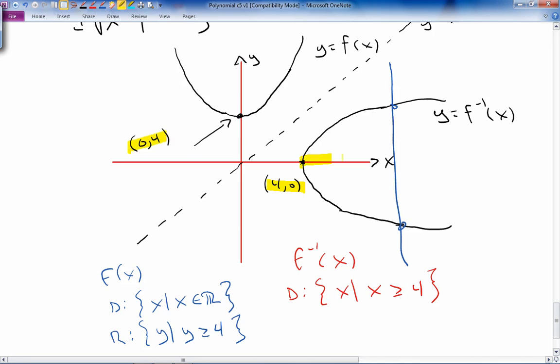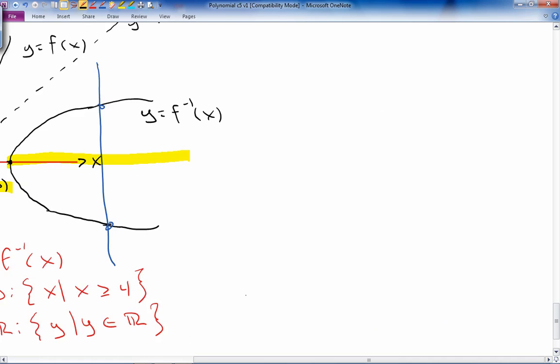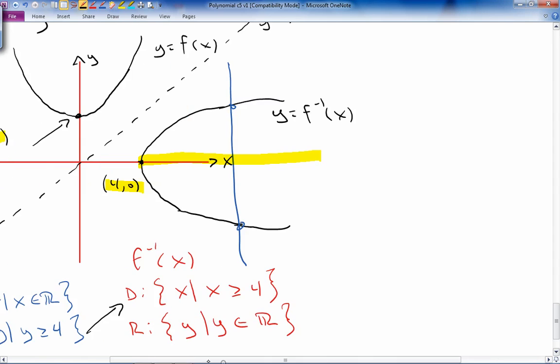The range is all real numbers. So again, we see this switch. The range became the domain. The domain became the range.